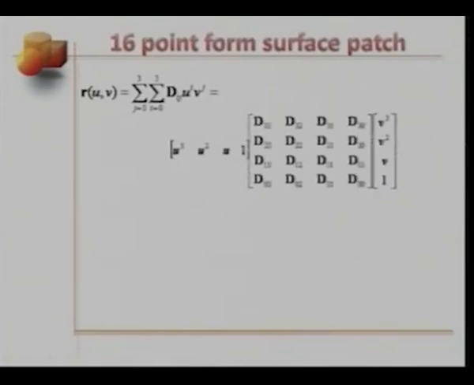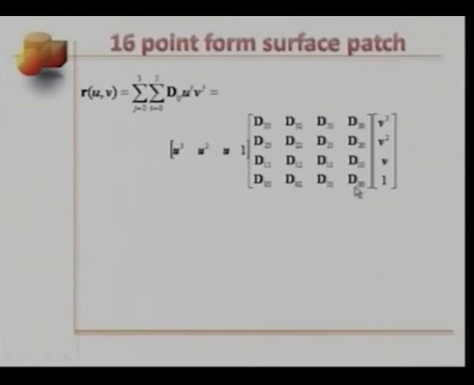In matrix form, this can be written as a row matrix comprising u cube, u squared, u and 1, a geometric matrix with coefficients d33, d32, d31, d30 as the first row, d23, d22, d21, d20 the second row, d13, d12, d11 and d10 for the third row, and finally in the last row d03, d02, d01 and d00.